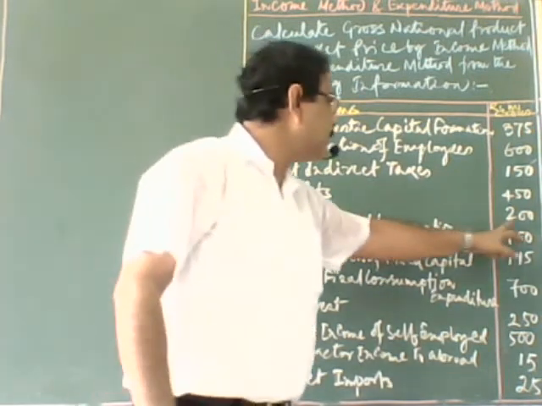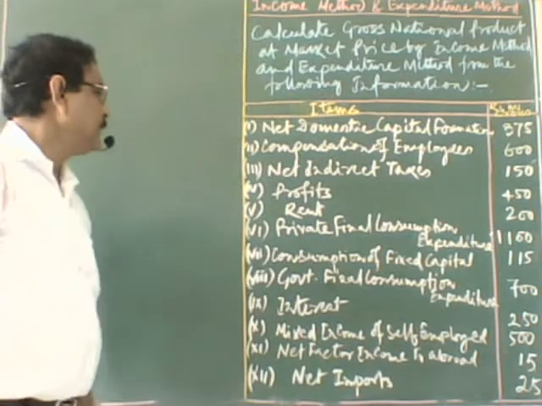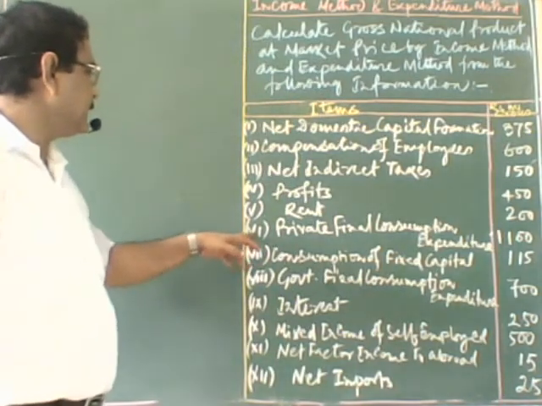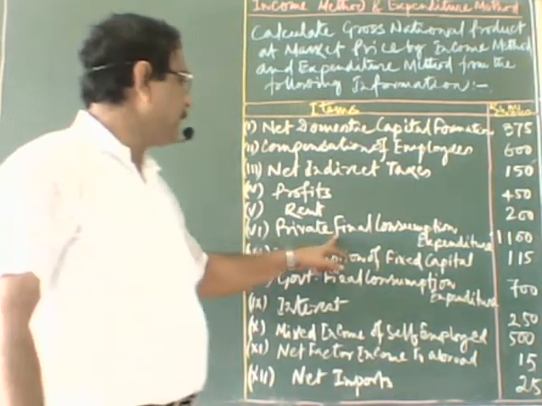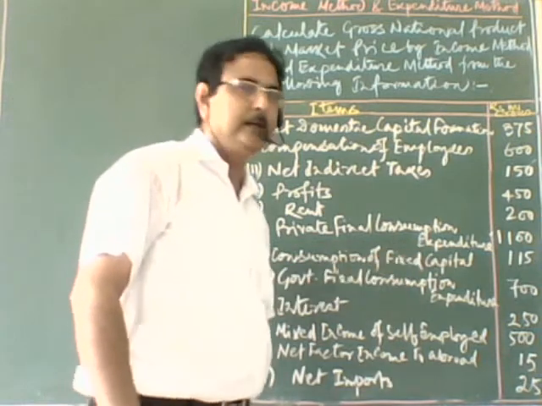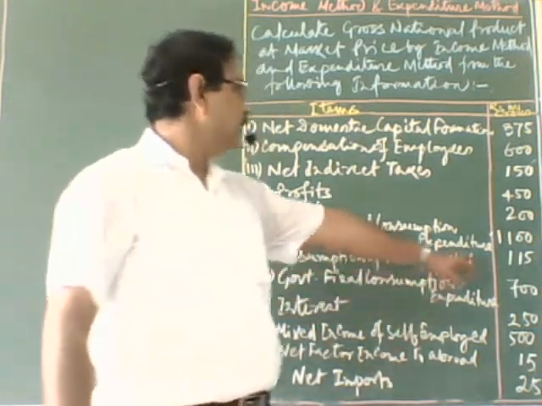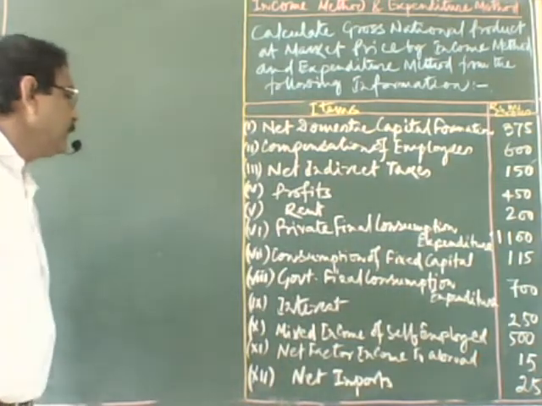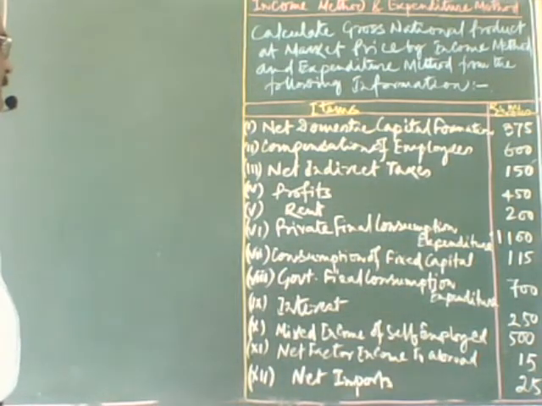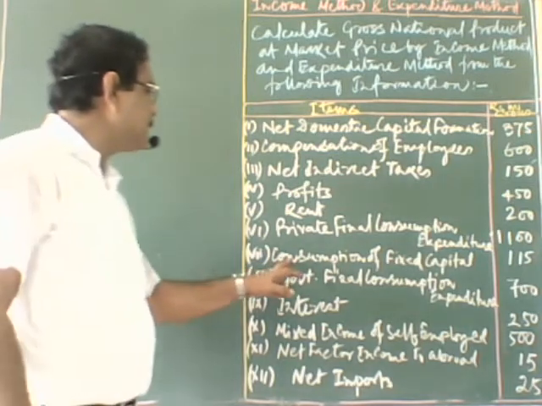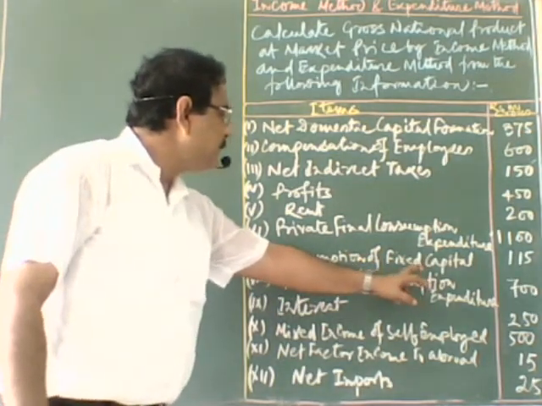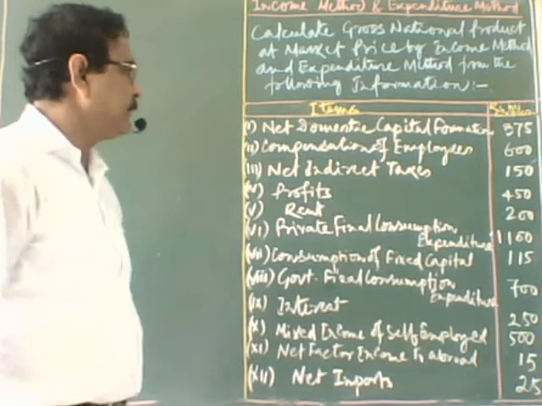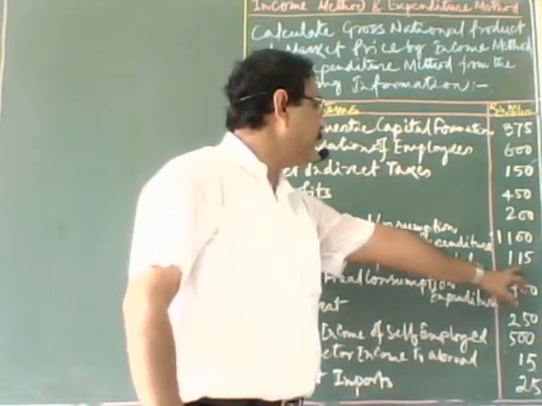Number six, private final consumption expenditure, that value is 1100. Number seven, consumption of fixed capital, that value is 115.